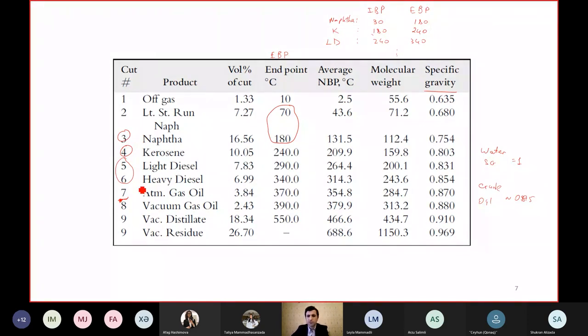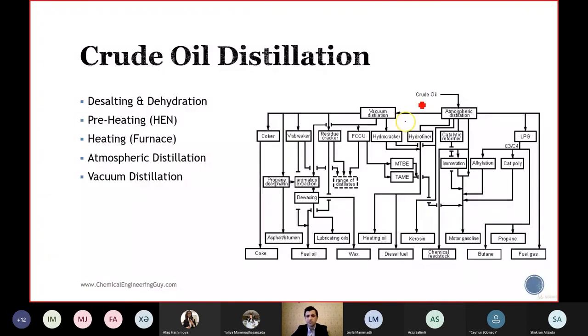Crude oil distillation. Crude oil starts from here. We have atmospheric distillation, we have vacuum distillation, and this is a different view of the BFD again. We will talk about the subsessions. Again, 1, 2, 3, 4. What is 1?